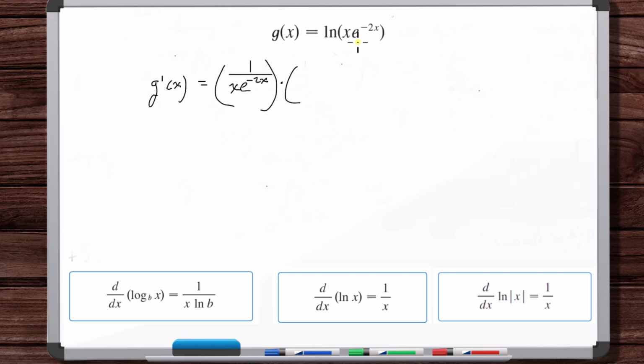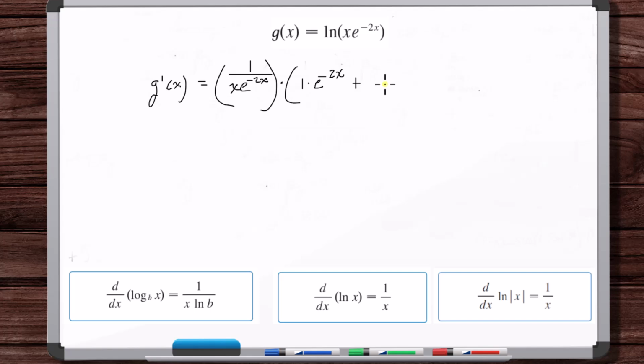Well, we need to use the product rule. Here's the first function of x, here's the second function of x. The derivative of the first is 1 times the second plus the derivative of the second. What is the derivative of e to the minus 2x? Well, we have to use the chain rule. What is the derivative of e to the something?